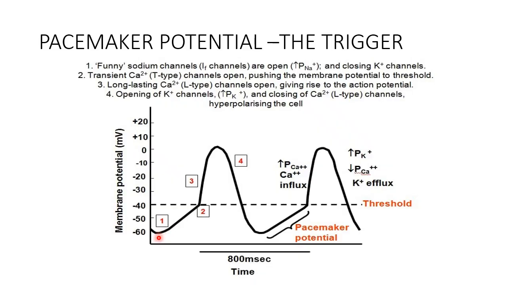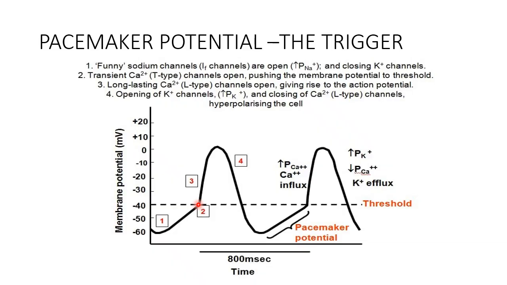This is the initial half of the slow potential, and there is also opening of a transient calcium channel in the second part. So opening of sodium and calcium channels causes sodium influx and calcium influx, raising the membrane potential to minus 40 millivolt.